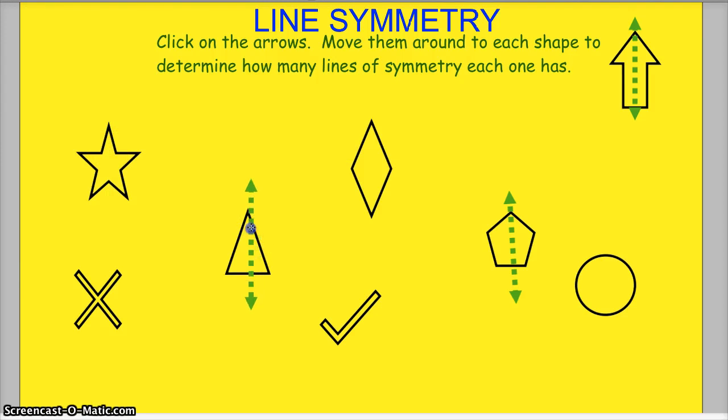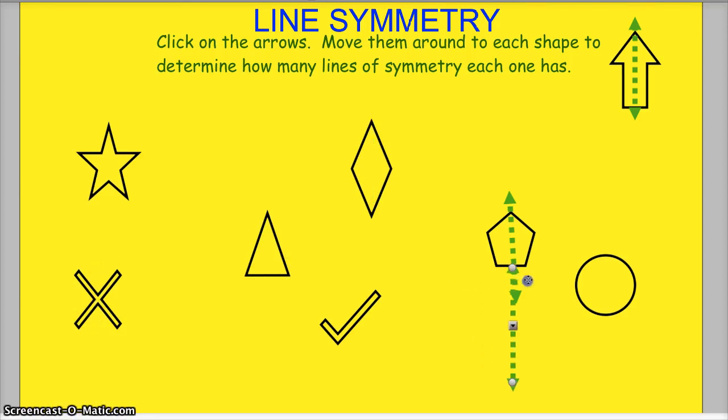This triangle also has this line of symmetry. The diamond also has line symmetry here. The X also has line symmetry here.